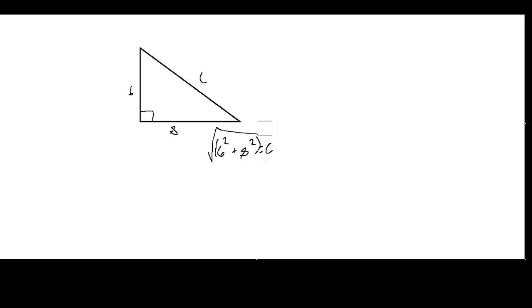So pretty much, the square root of 36 plus 64, that's 6 squared and 8 squared, equals C. So the square root of 100 equals C, and 100 is 36 plus 64, right?